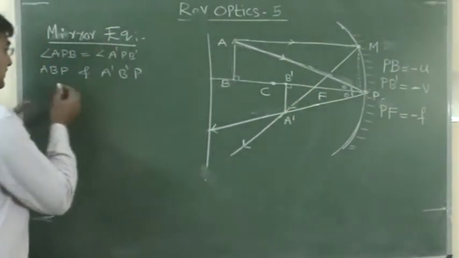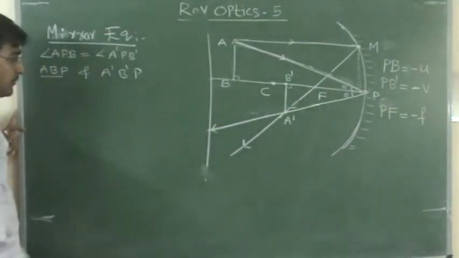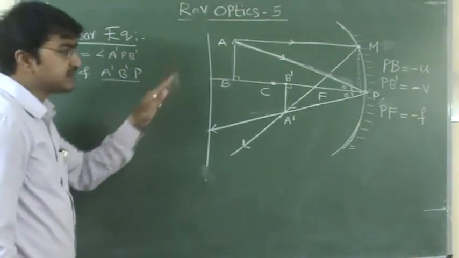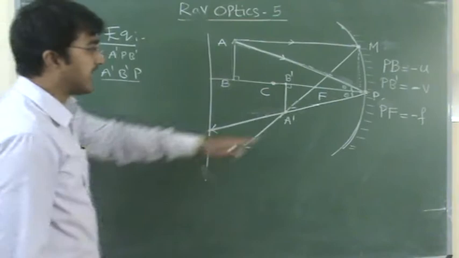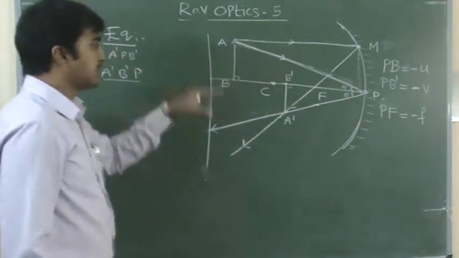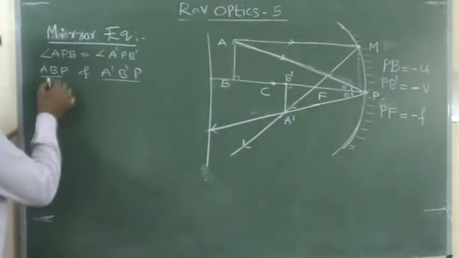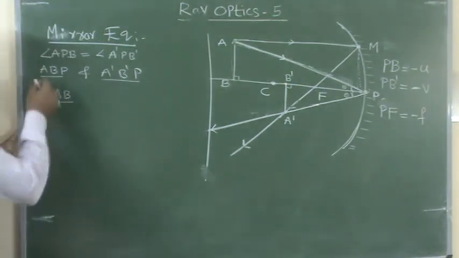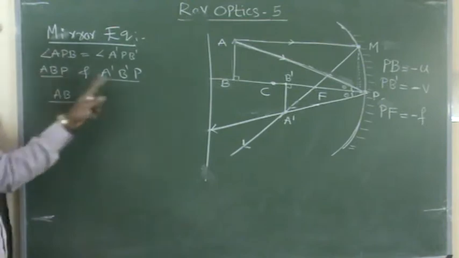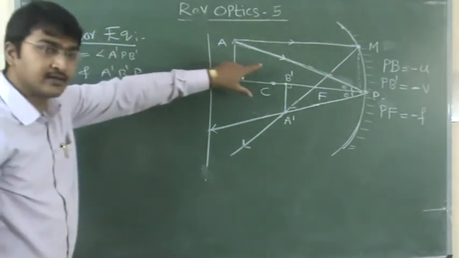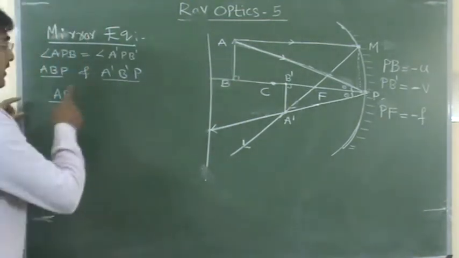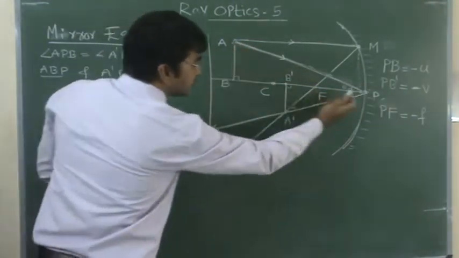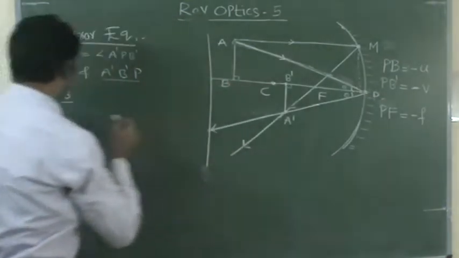So the tan theta value in triangle APB and in triangle A dash B dash P is the same. From these two similar triangles, I am taking the tan values. In APB, tan theta is the opposite side AB over the adjacent side PB.